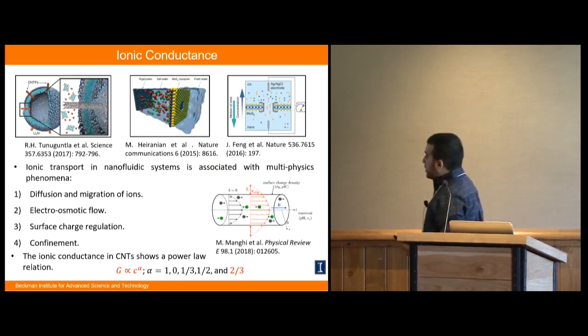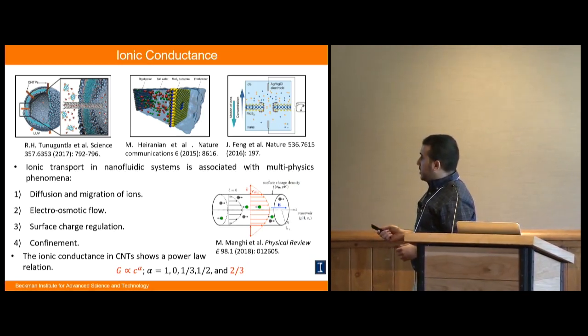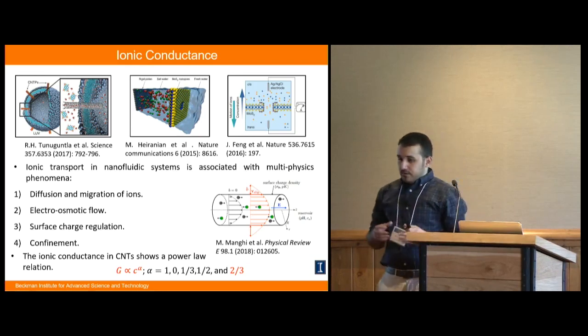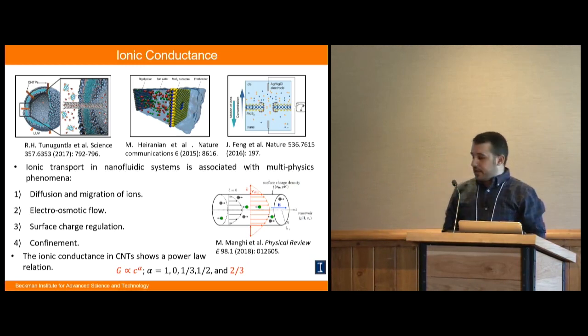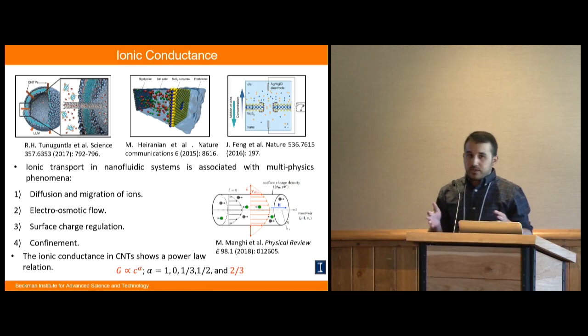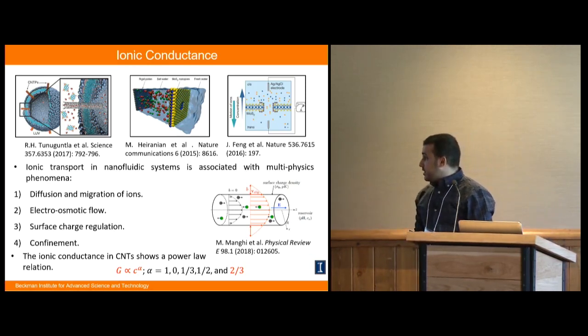So ionic transport can be found in different applications, such as biological channels, water desalination, and nanopower generation. To cause the flow of ions within this system, we apply either a concentration gradient or potential bias through the nanofluidic system.